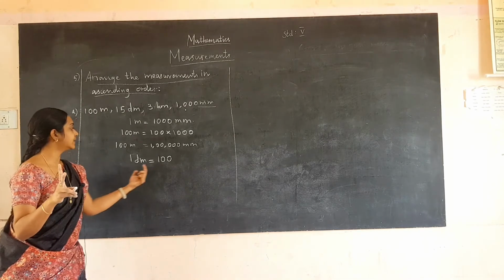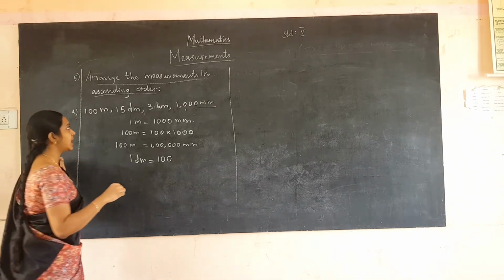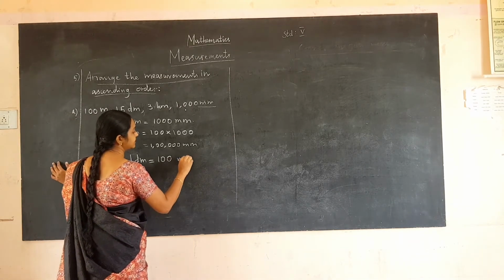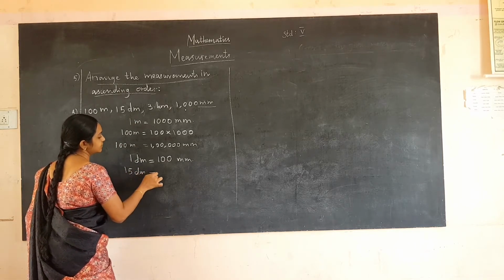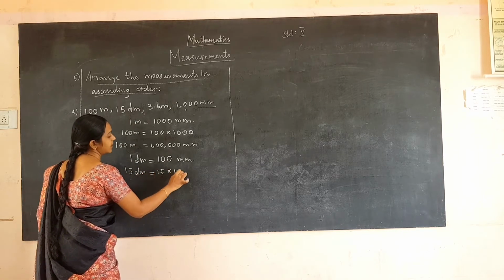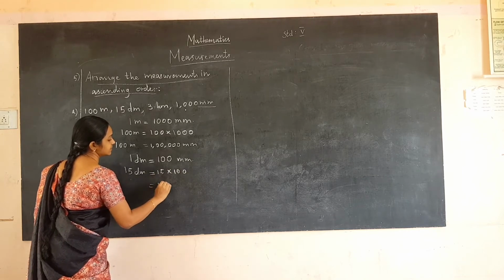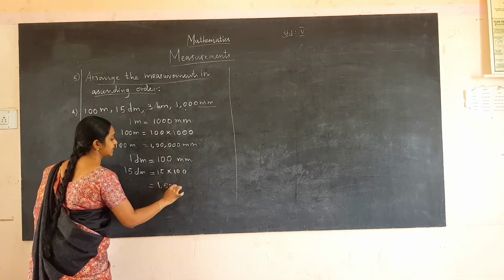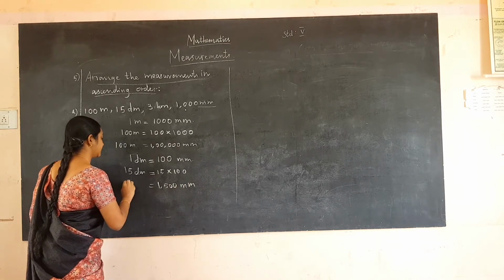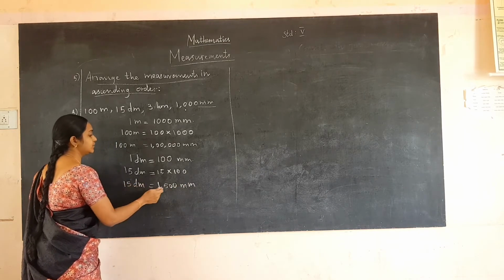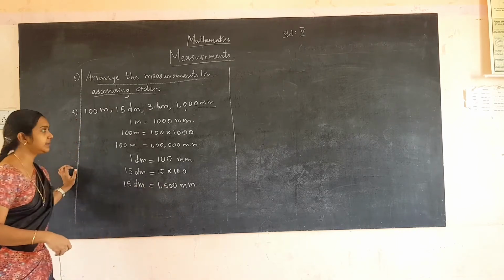So 1 decimeter equal to 100 millimeter. Then 15 decimeter equal to 15 into 100, that is equal to 1500 millimeter.